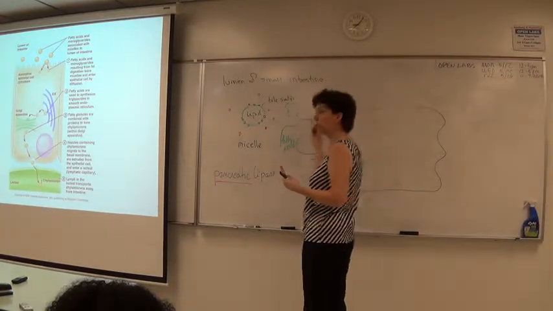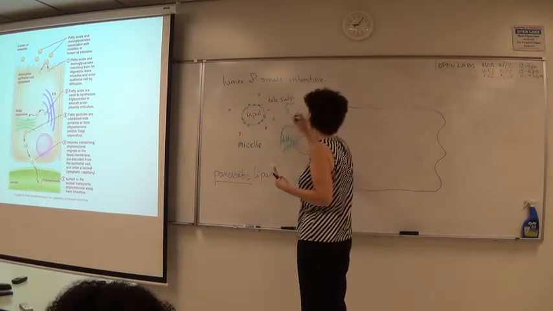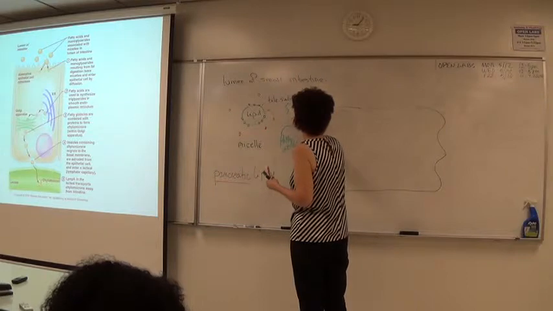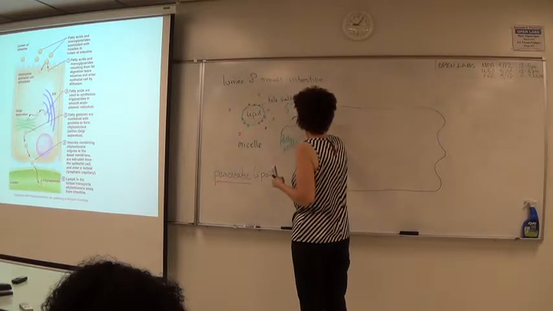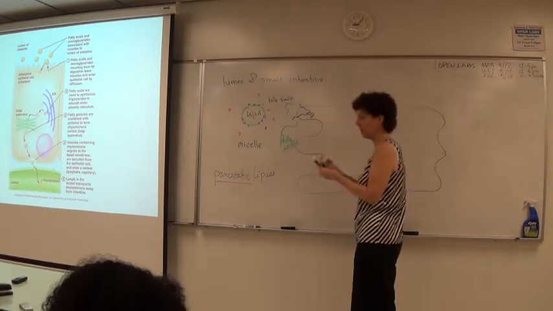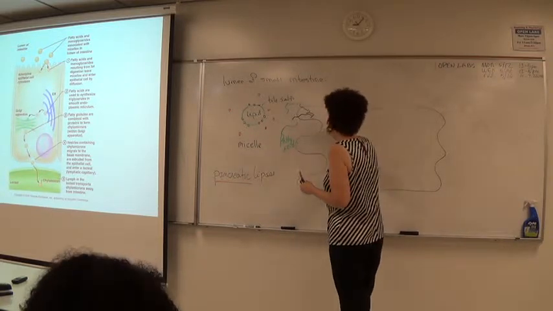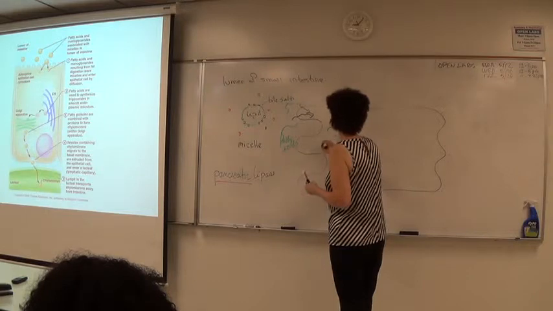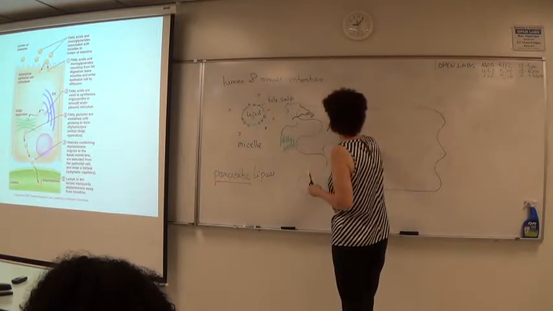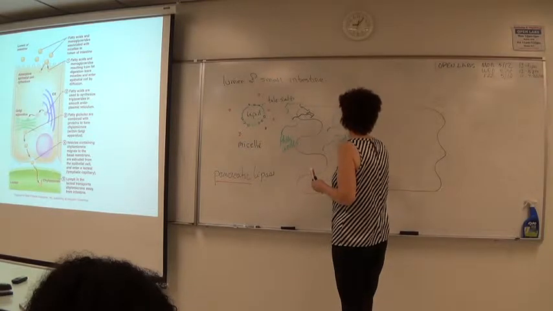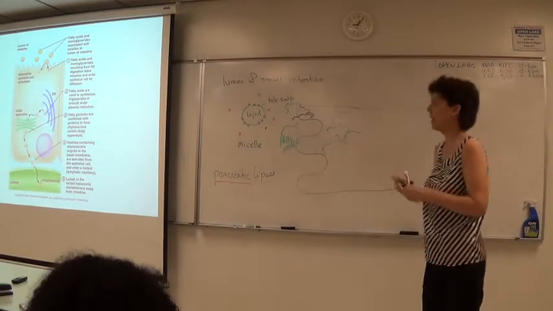And those are permeable, they're lipid, so they are permeable through the plasma membrane. And they enter into our columnar cell just by crossing through the phospholipids. So now we have fatty acids and monoglyceride inside the cell.